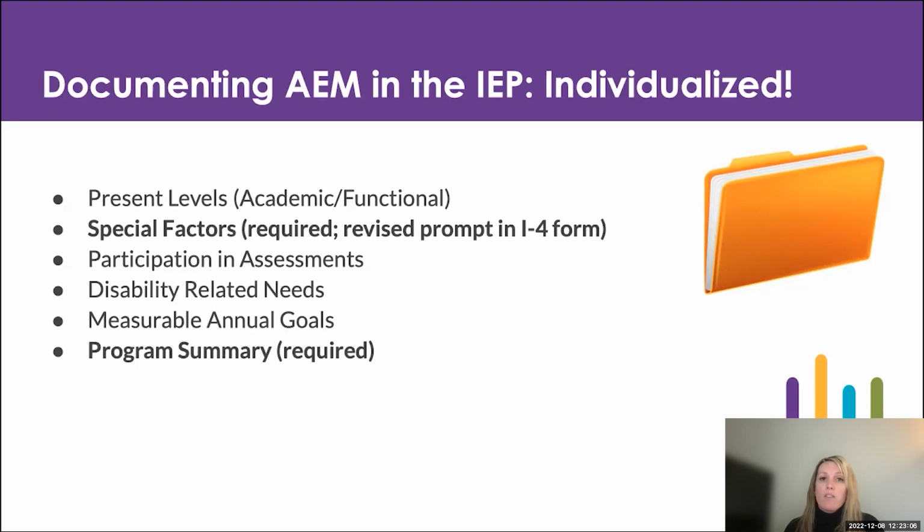And those two areas are the special factors, the form we previously looked at, and also in the program summary. From there, AIM may be documented in the present level, in the participation in assessments, disability-related needs, measurable annual goals. Again, there's no one standard way to write an IEP simply because it is based on the individual's disability-related needs. However, it is required to document in the special factors and program summary.